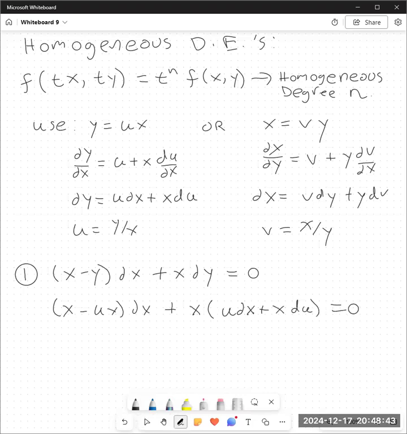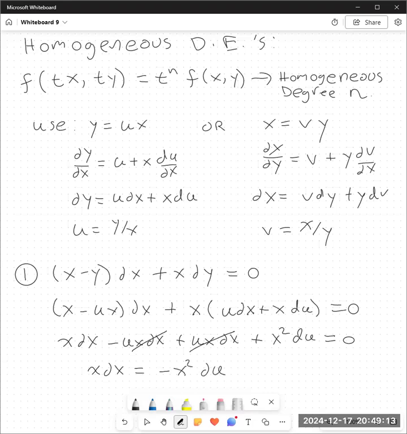And let's just distribute everything now. x dx minus ux dx plus ux dx plus x squared du is equal to 0. And these two terms are equal and opposite, so they zero each other out. Now I can separate what's left and get x dx is equal to a negative x squared du.